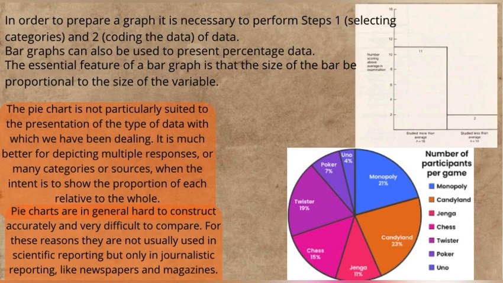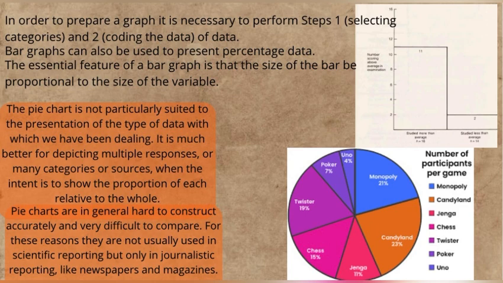The pie chart is not particularly suited to the presentation of the type of data with which we have been dealing. It's much better for depicting multiple responses or many categories or sources, when the intent is to show the proportion of each relative to the whole.